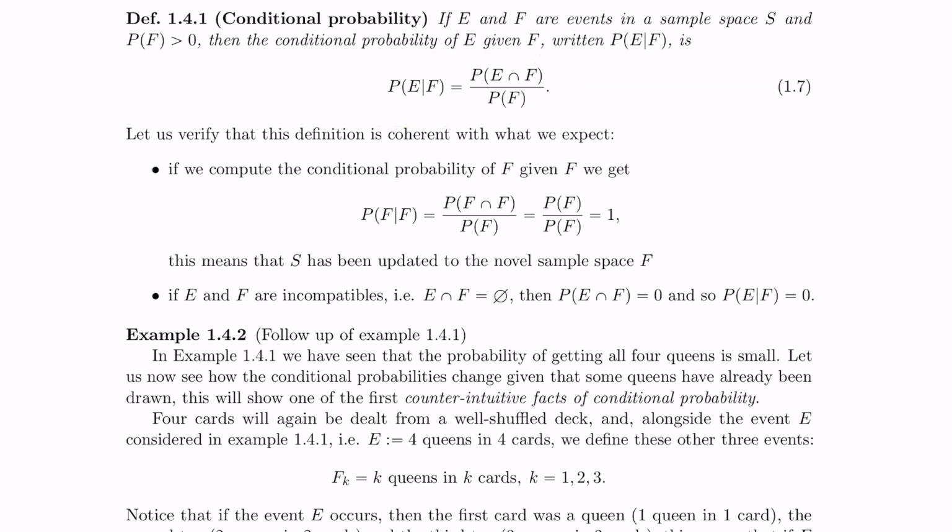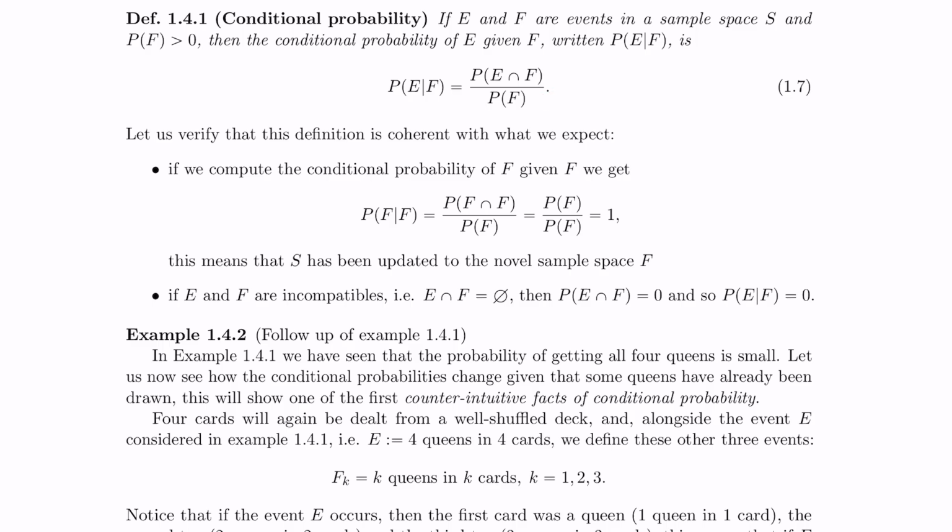The formula says that the conditional probability of E given F is given by the fraction between the probability of E intersected with F and the probability of F. Of course, we require that the probability of F is strictly greater than 0 to avoid a 0 denominator.